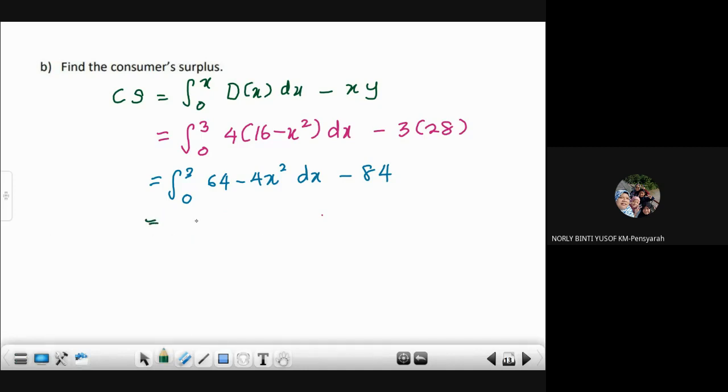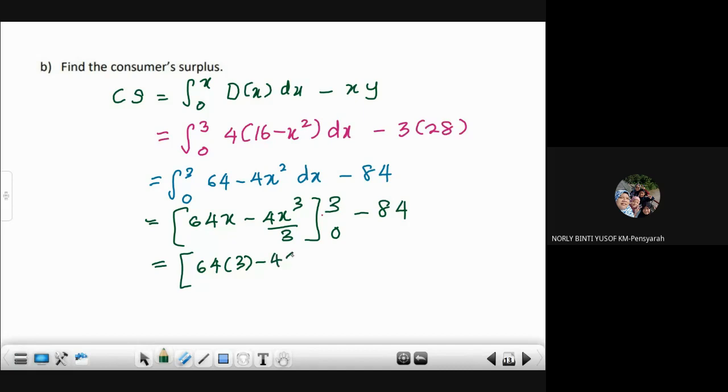So integrate dapat 64x minus 4x power of 3 over 3 from 3 to 0 minus 84. Dan samalah masukkan as substitution for the upper and lower limit. Minus 4, 3 power of 3 over 3. Since that 0, variable dia kosong kan, so kosong lah kan. And minus 84.